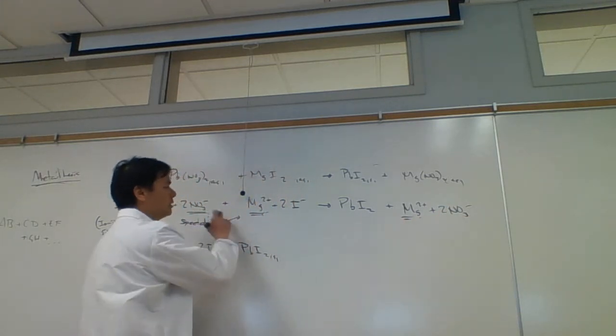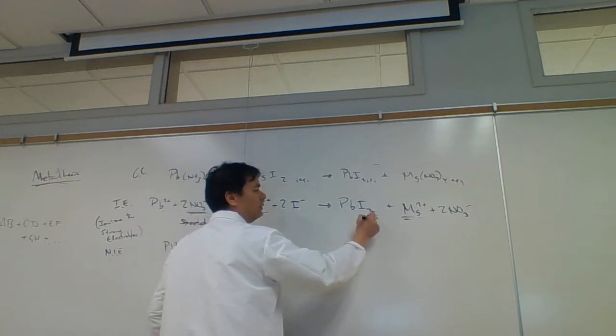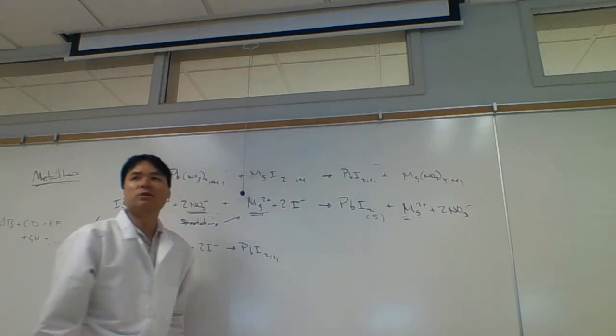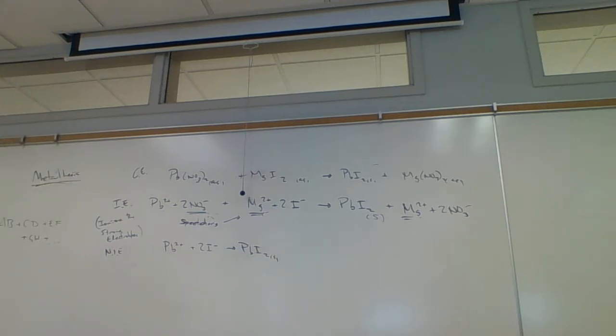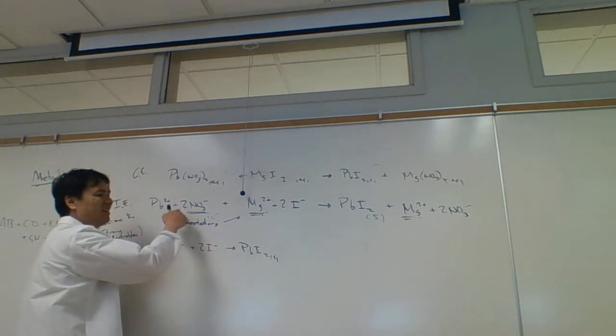But if you don't write the aqueous states and you write all the non-aqueous states, then I'm going to assume you know it. You just don't want to write AQ over and over again. It's up to you, but whatever you do, you have to be consistent. And don't write nothing.